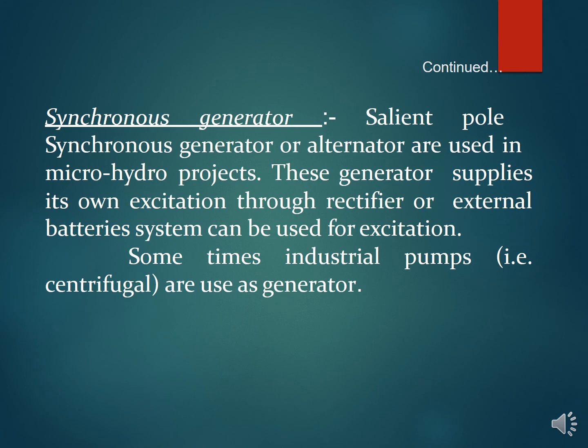Synchronous generators, salient pole synchronous generators, are also used in micro hydro projects. These generators supply their own excitation, or an external battery system can be used for excitation. Sometimes industrial pumps, centrifugal pumps, are used as generators.